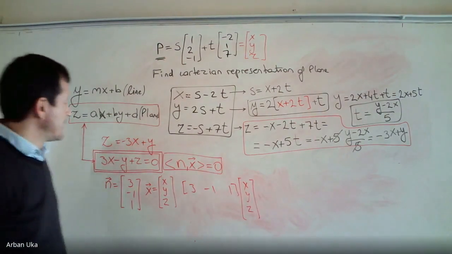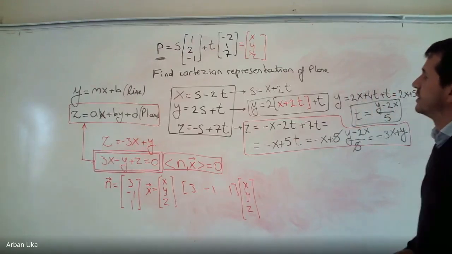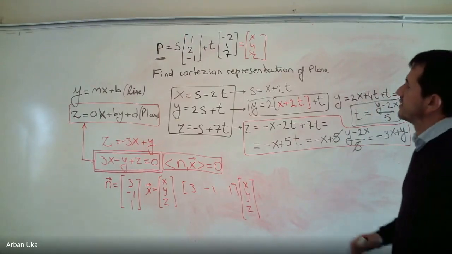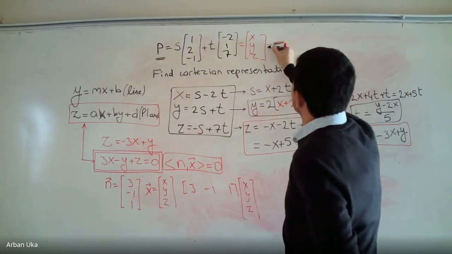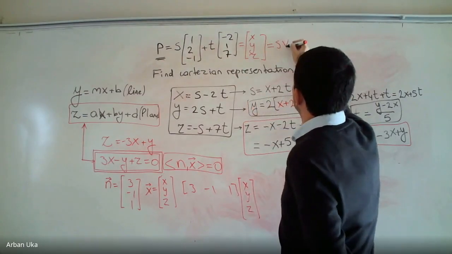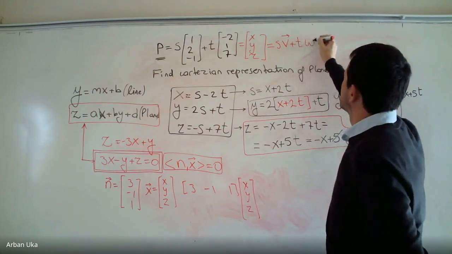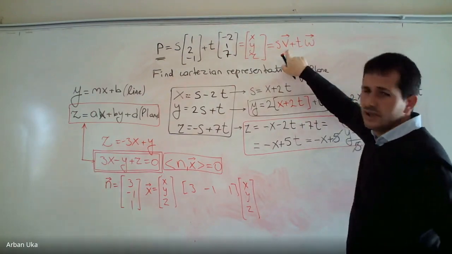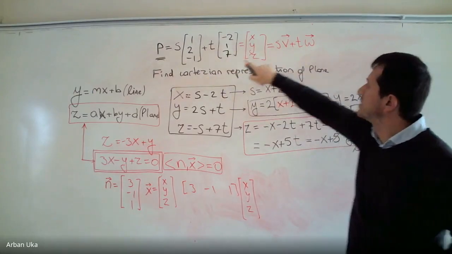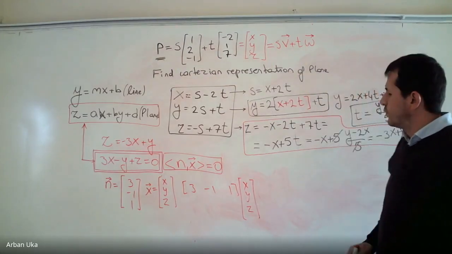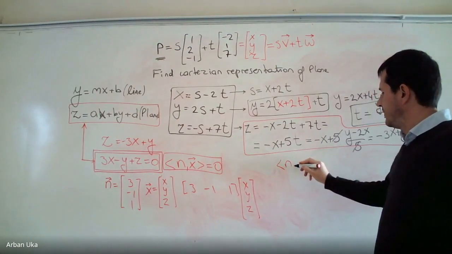Now, one thing that I can ask you is the following. If this is the vector S times V plus T times W, where V is the first direction and W is the second one, what could you expect to find from n·v?